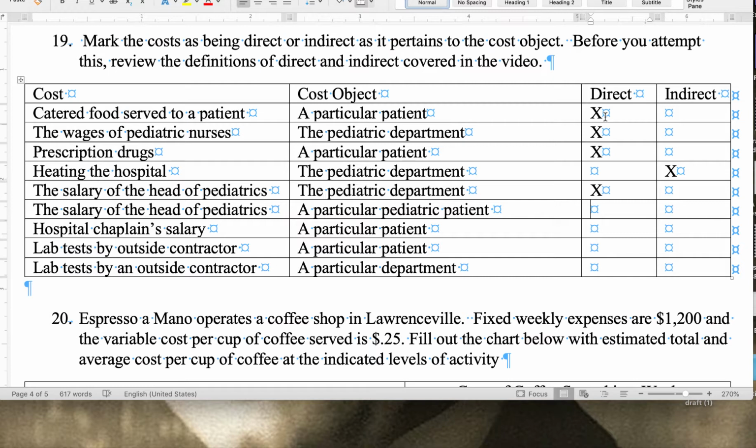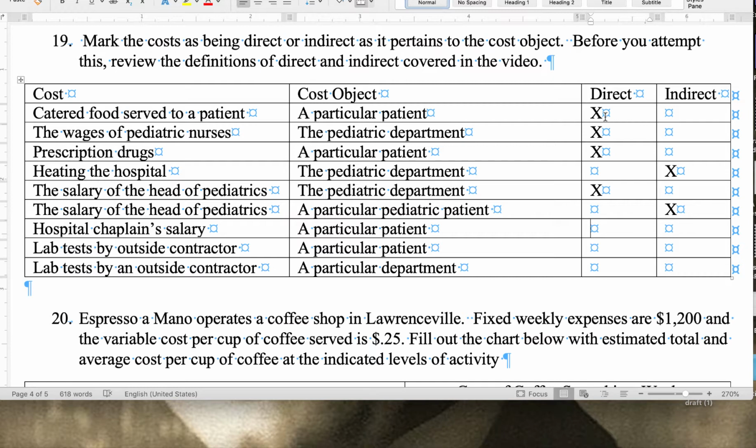We have to figure out the number of patients, get an hourly rate, and then apply that to the amount of hours. Is that easy and convenient? No, it's not easy and convenient at all. So if we're trying to trace the salary of the head of pediatrics to a particular pediatric patient, we can't do that easily and conveniently. It's indirect. The next one is the hospital chaplain's salary to a particular patient.